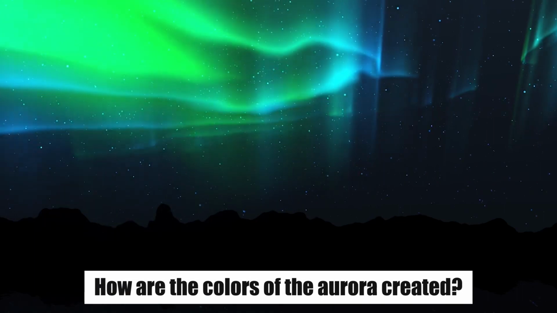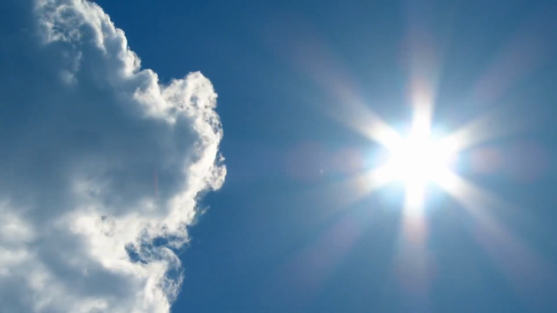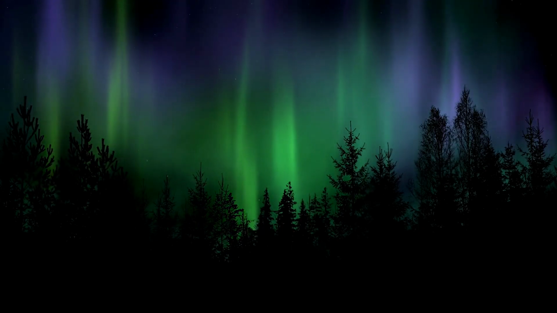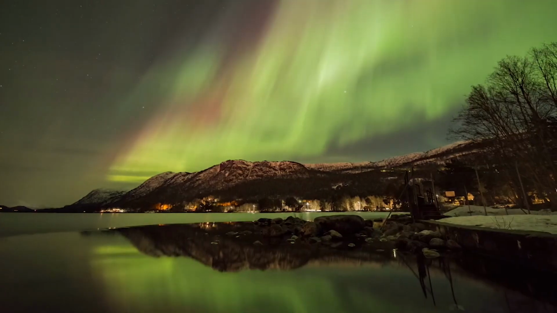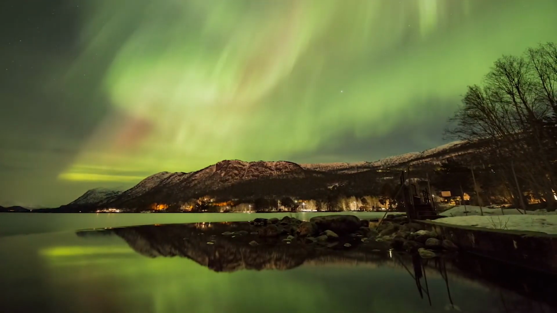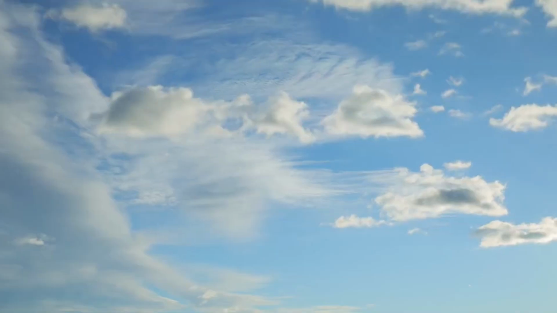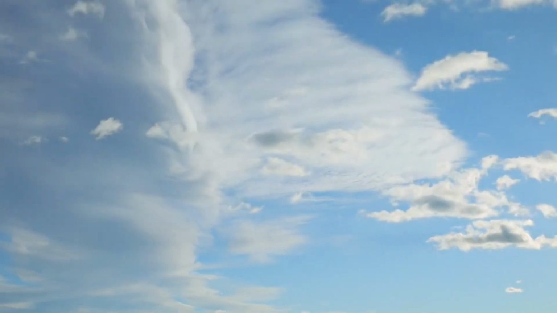How are the colors of the aurora created? The sun radiates all visible colors, which is why sunlight appears white. The spectrum of visible light associated with the aurora is much more restricted. The aurora is caused by charged particles in the solar wind colliding with atmospheric atoms and ions. The collisions cause the electrons of the atmospheric atoms to become excited.